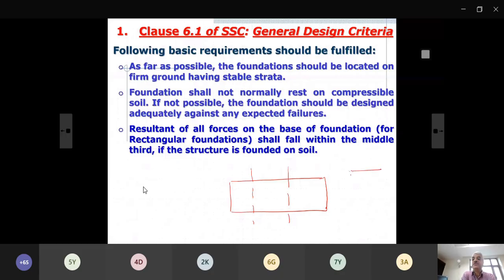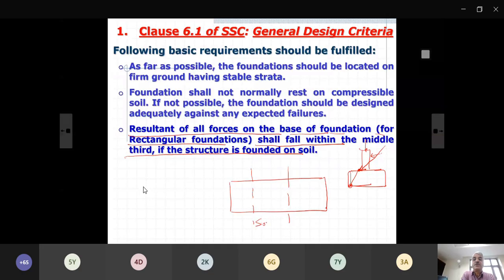If this is your foundation, and here you have vertical force and horizontal force, there will be a resultant force which will be inclined like this, and it will hit your foundation base. So it says the resultant of all the forces on the base of foundation for a rectangular foundation shall fall within the middle third if the structure is founded on soil.